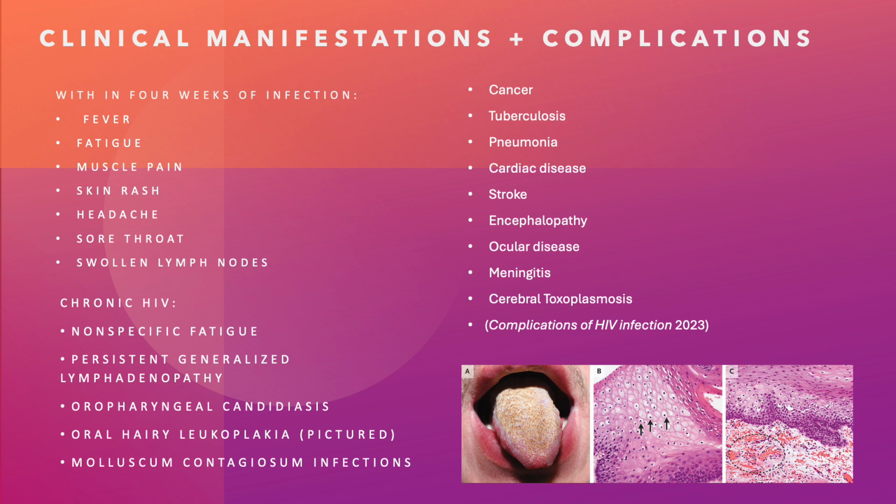HIV may also hurt one's organs, such as the heart, making one more susceptible to acute myocardial infarctions, heart attack, stroke, peripheral arterial disease, heart failure, and sudden cardiac death. Other complications may include encephalopathy, non-Hodgkin's lymphoma, ocular, also known as eye disease, peripheral neuropathy, meningitis, and cerebral toxoplasmosis.